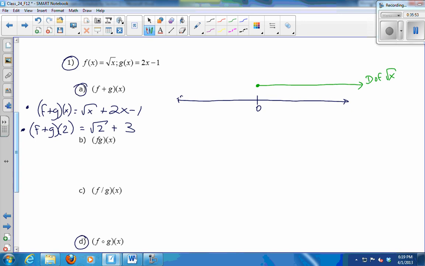And what values of x can go into the function 2x minus 1? Anything. I have no restrictions on that one. So its domain looks like this. So where do the two domains overlap? 0 to infinity.